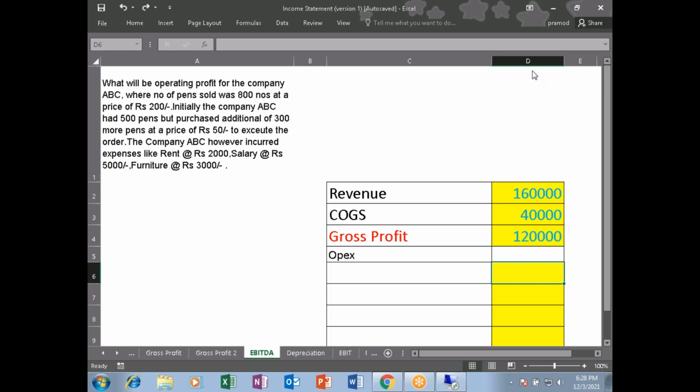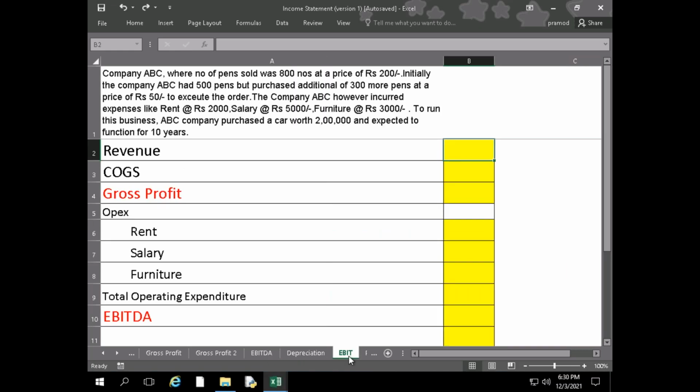Sir, EBIT is 90,000, sir. You do it. The next class we will solve. Okay, yes, sir.